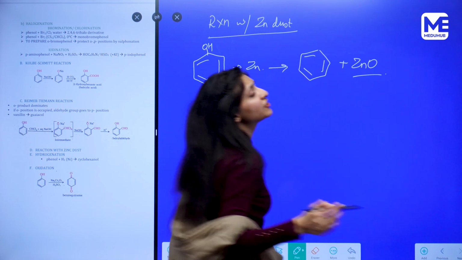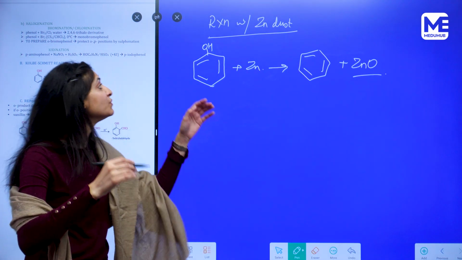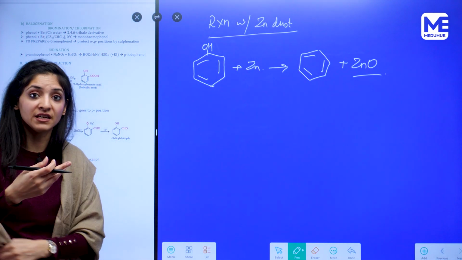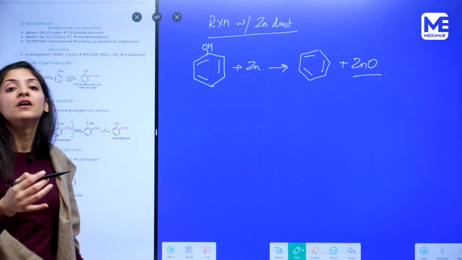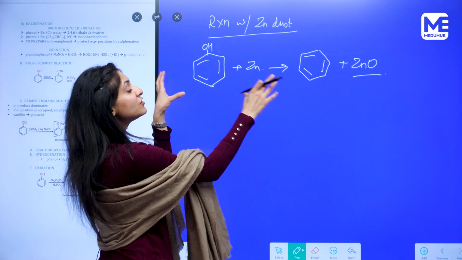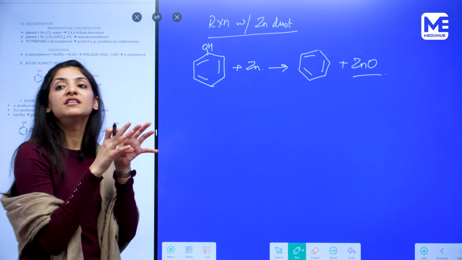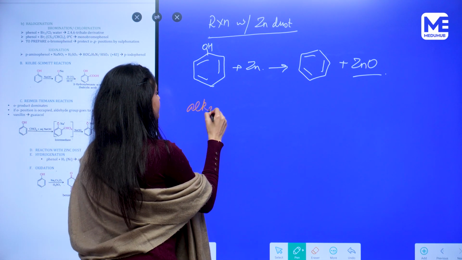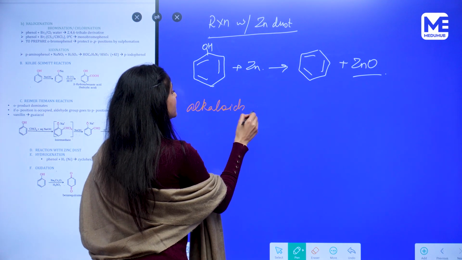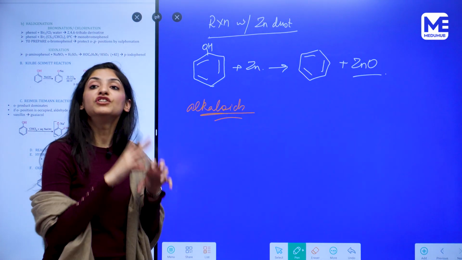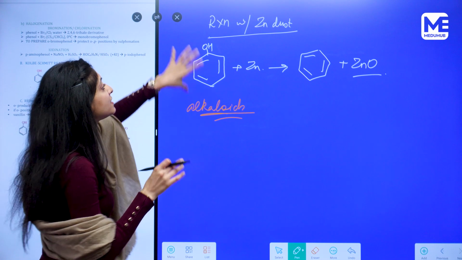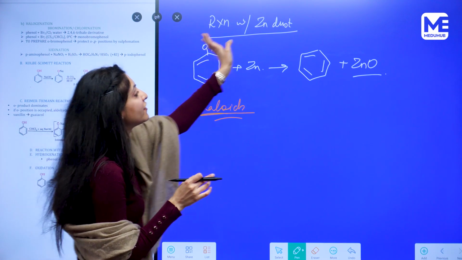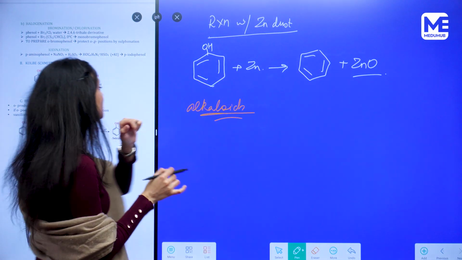The yield of this reaction again is very poor, so it is not used as a method for preparation of benzene, but this reaction can be used to find out different benzene nuclei present in natural products like alkaloids. So using this reaction, you can find out the various nuclei that are present, because this hydroxyl group will get reduced and you will get benzene here.